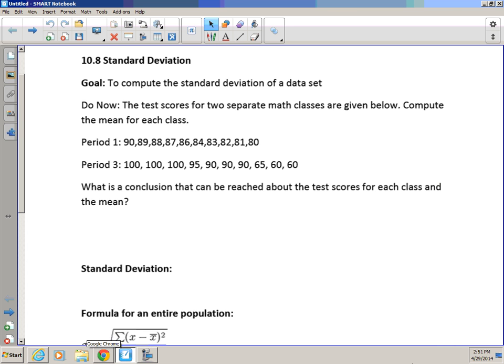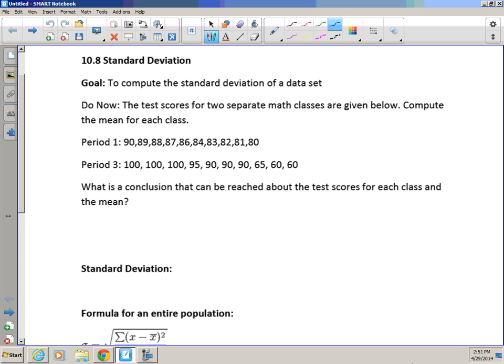Okay, what we're going to cover today is the last of our statistical calculations, which is what's called the standard deviation. Now, just to show you the relevance of standard deviation, if you were to take each of these two data sets, I have period 1 and period 3, and these are their test scores. And you want to compute the mean for each one.